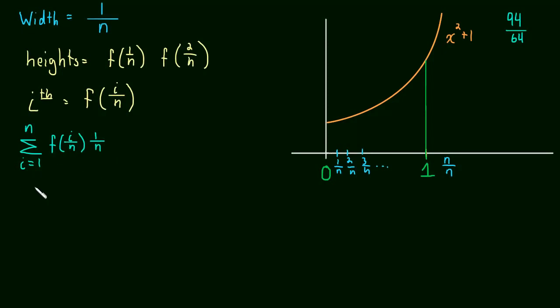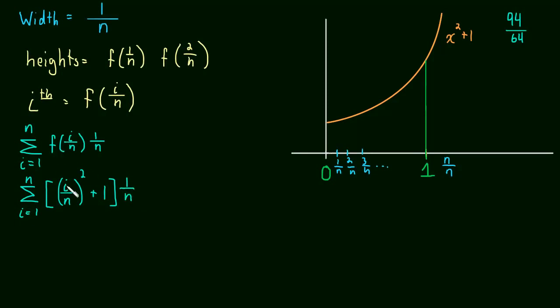And f of i over n, well, we have a function, so let's plug i over n into our function. And this becomes the sum of (i over n) all squared, that goes in for x squared plus 1, times 1 over n.